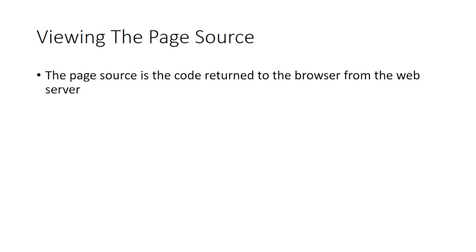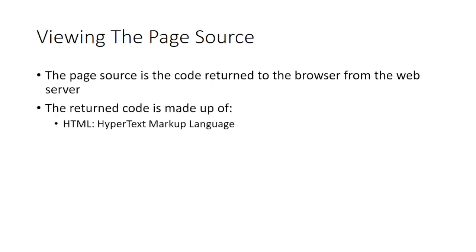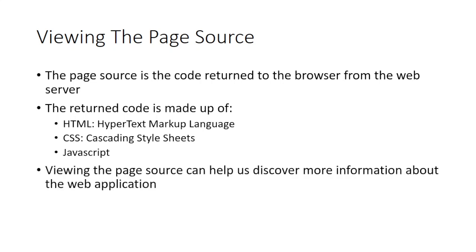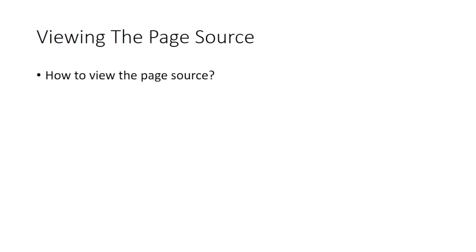The returned code is made up of HTML, which is hypertext markup language, CSS for cascading style sheets, and JavaScript. It's what tells our browser what content to display, how to show it, and adds an element of interactivity with JavaScript. Viewing the page source can help us discover more information about the web application. So how to view the page source?